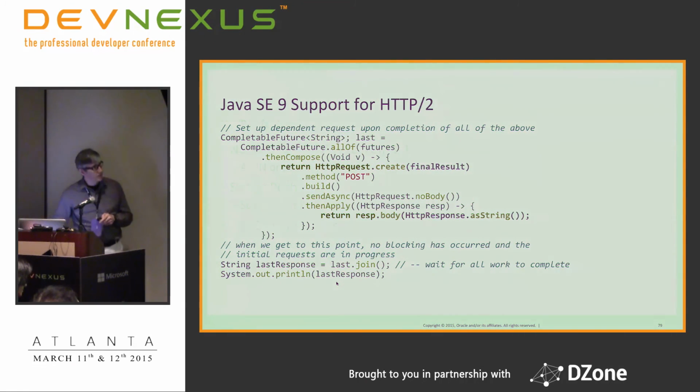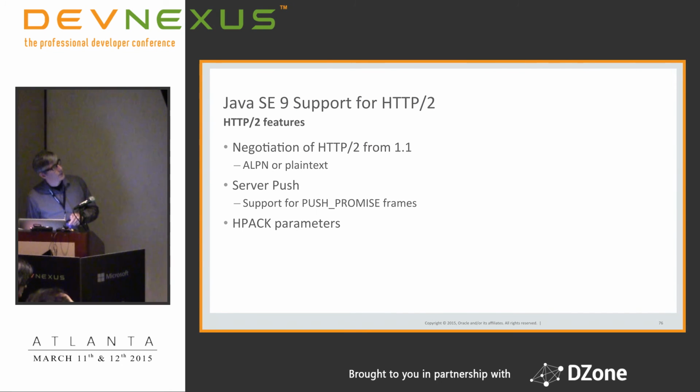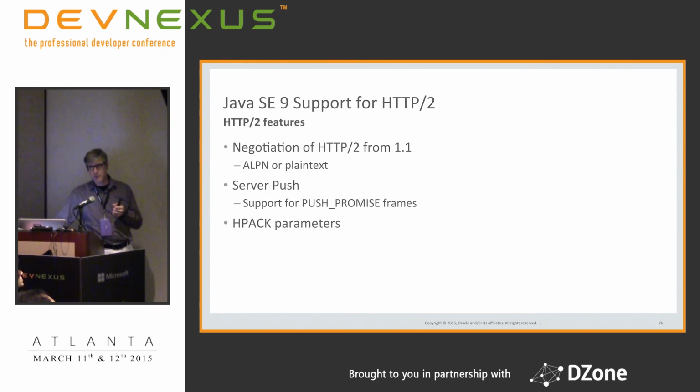There are some other features here. There's going to be an ALPN implementation in Java SE 9, and I have been assured that it will be made available in some way so that you can run it on SE 8 as well. But the problem is SE 8 is done. We're not going to be adding any new API to SE 8, although we do realize that a lot of people are going to want to do ALPN on SE 8.